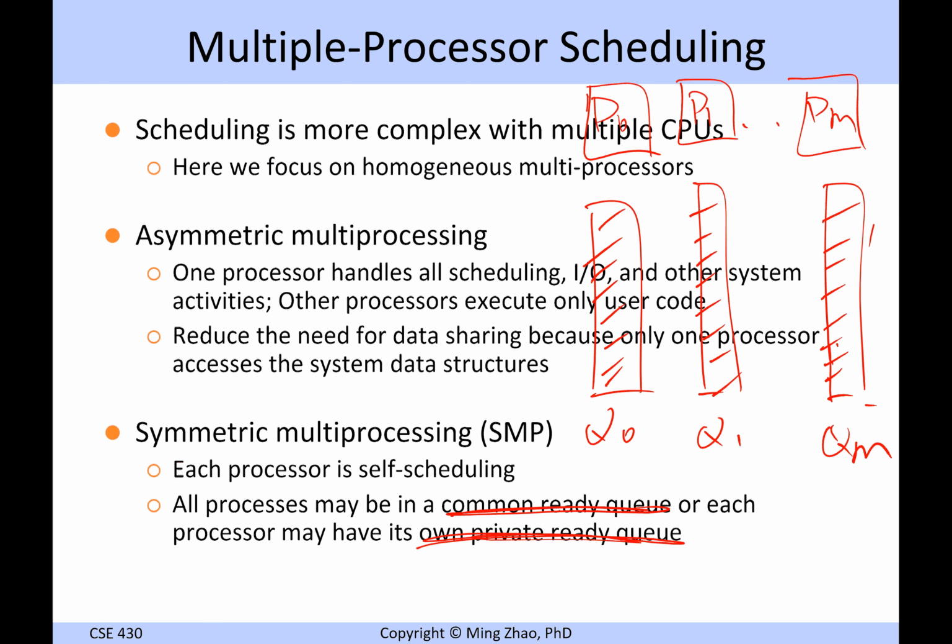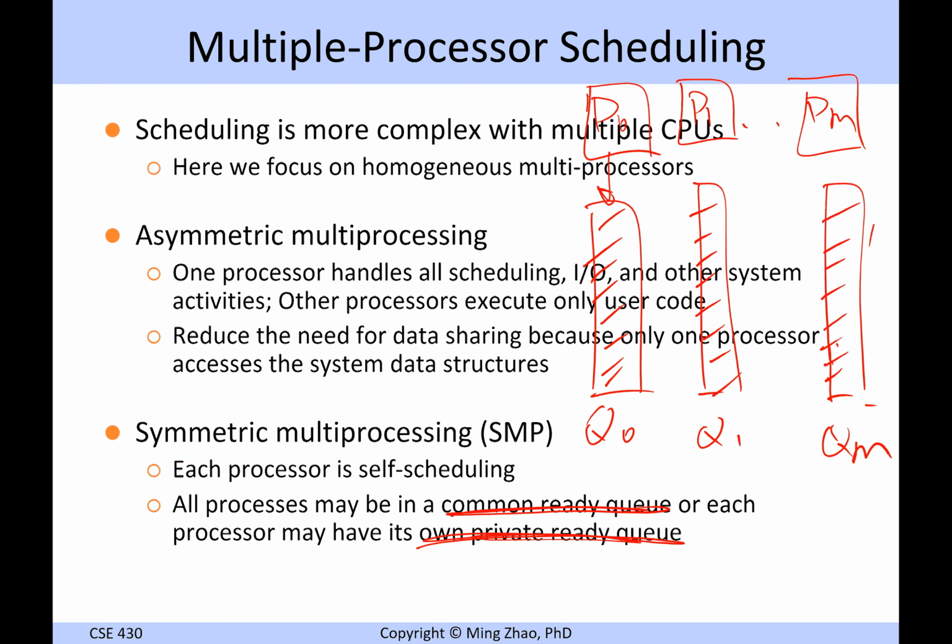So when a processor needs to schedule a process, say P0, you just pick a process from Q0. Which processor a process will be scheduled to is determined by which queue it is located in.